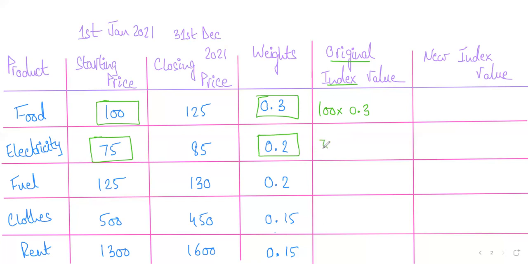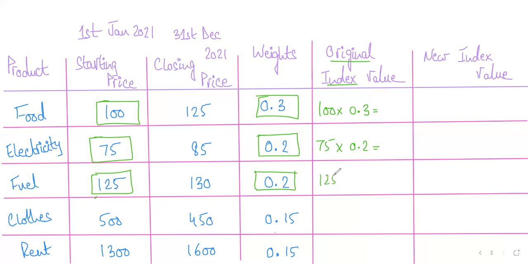So for electricity, it will be 75 times 0.2, right? Then it will be 125 times 0.2. Students, are you following me? So what we're doing in this column, original index value, is just multiplying the starting price of the product with its respective weights.